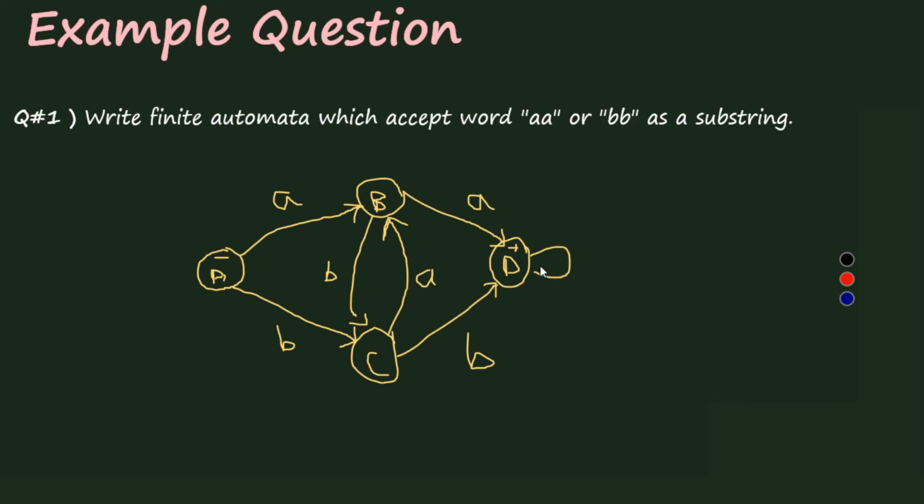It always stays on state D, with A, B on one loop, or we can write two loops individually for A and B. This is the answer of the finite automaton of this question, and we can write the RE also like this.